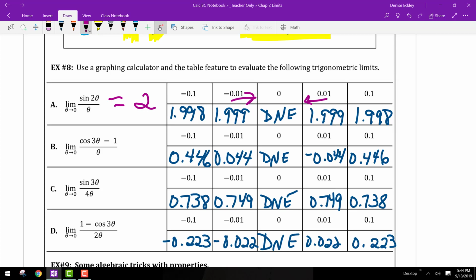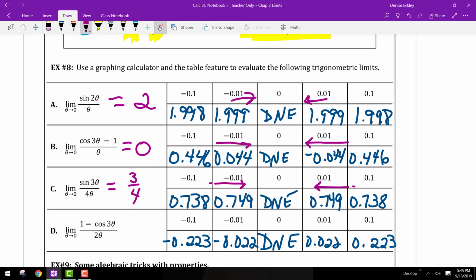So for the next one, the limit of cosine 3 theta minus 1 over theta as theta approaches 0, what you can see is from the left we're getting smaller, and also going towards the right we're getting smaller, and we're headed towards 0. For the third one, we are headed towards the same value on both sides. We're getting very close to 0.75, so we're getting very close to 3/4.